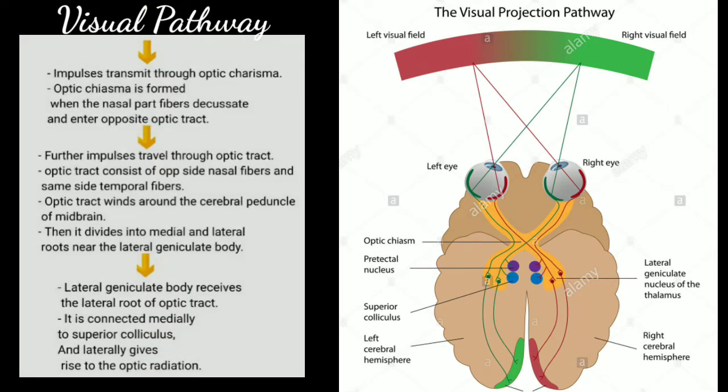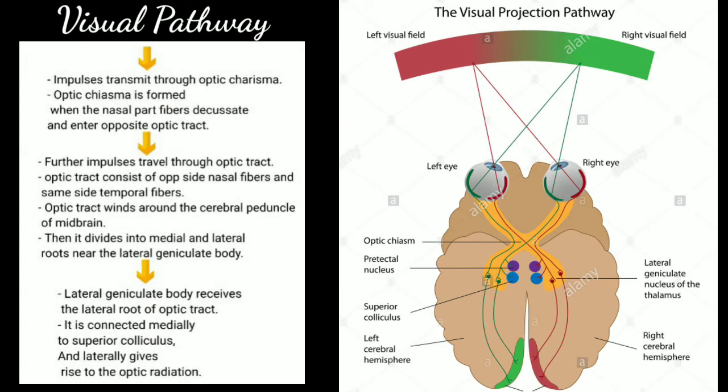And next, moving further, the impulses travel to the optic chiasma. Now, optic chiasma is formed when the nasal part fibers decussate and enter the opposite tract. So, when the optic tract is formed, it consists of the same side temporal fibers and opposite side nasal fibers.